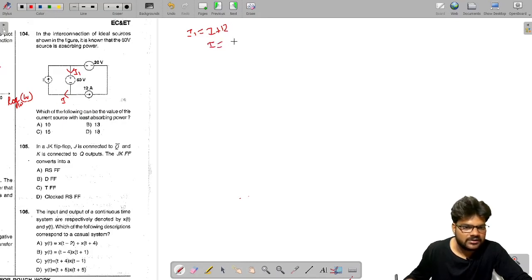Since 60 volt is absorbing power, I1 will be positive. I1 is I plus 12, and then I will be I1 minus 12.